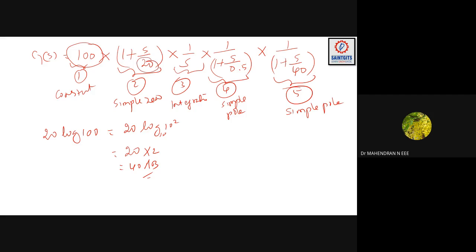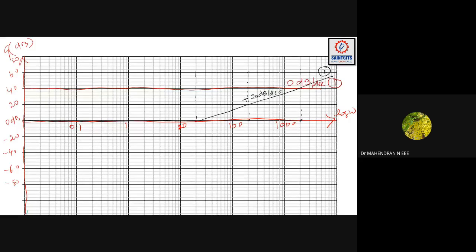The next is the third term. It is the integrator, and it's called a simple pole at origin. So it can be written as s divided by 1, and this is your corner frequency. Where is 1? 1 is here, and it will be like this.